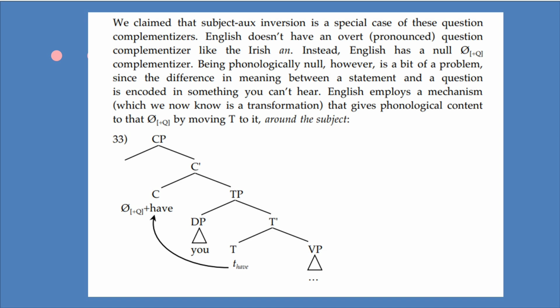English doesn't have an overt pronounced question complementizer like that Irish 'an'. Instead, English has a null complementizer, being phonologically null. However, it is a bit of a problem since the difference in meaning between a statement and a question is encoded in something that you can't hear. English employs a mechanism, which we now know is a transformation, that gives phonological content to that C by moving T to it around the subject.